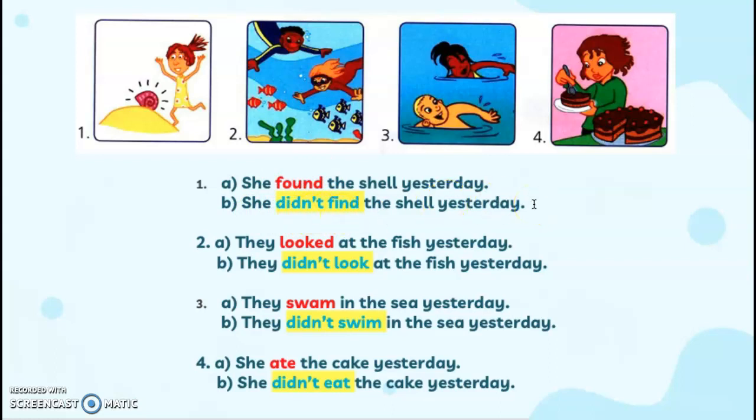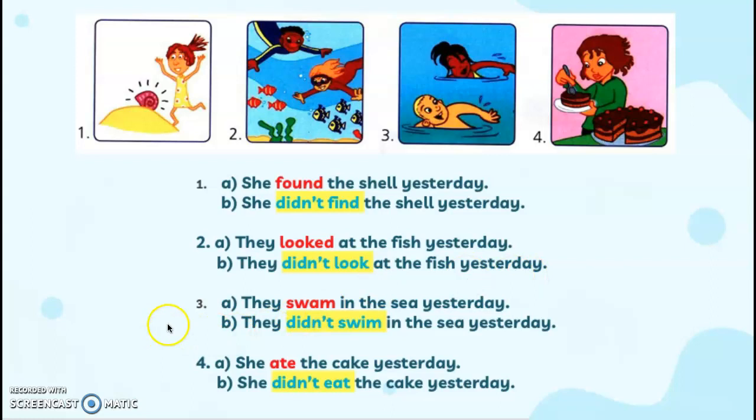Okay, now we look at the second example. The same thing. The first sentence is in the past tense, and the second sentence is also in past tense, but the first sentence shows that they do the action. They looked at the fish yesterday. So if I want to say that they don't look at the fish, I'll just say they didn't look at the fish yesterday.